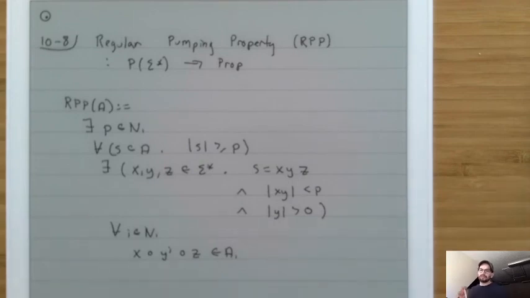And it turns out that regular languages all are infinite in exactly this way. There's no other way that they can be infinite.